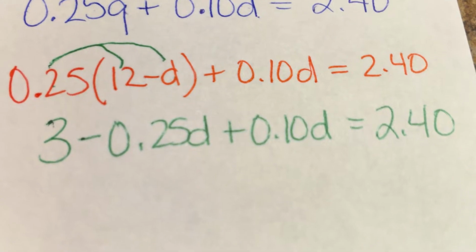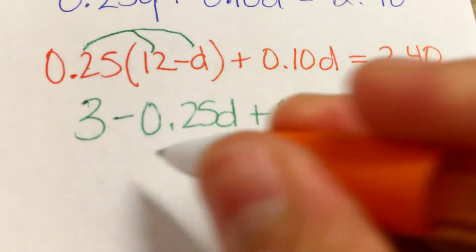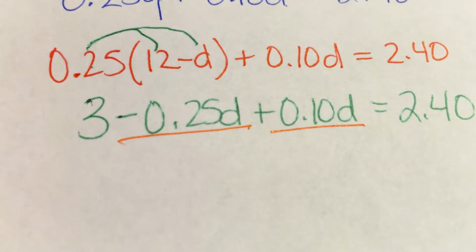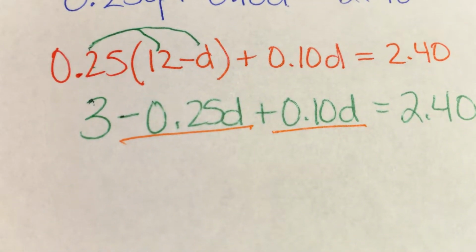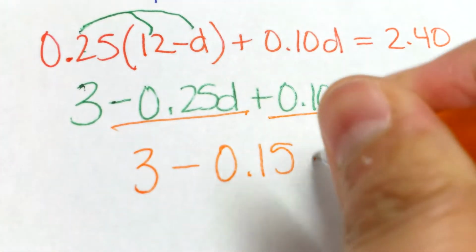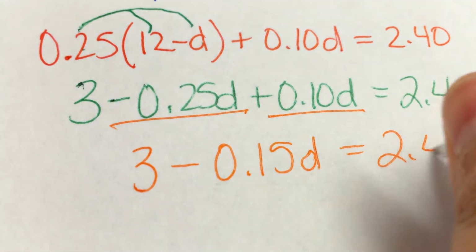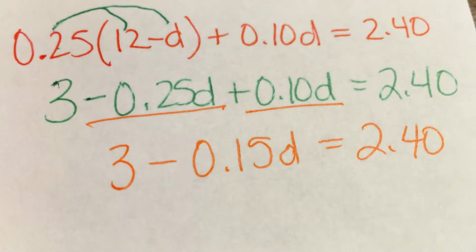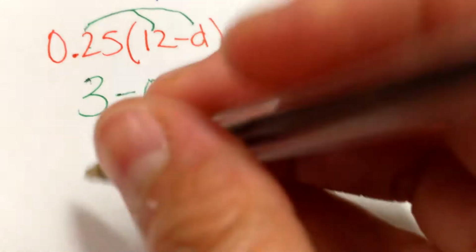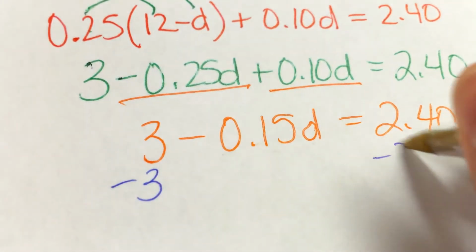We combine like terms, which in this case would be this one and this one. It ends up being negative 0.15 D. We solve for D, so we want to get rid of the 3, so we subtract 3 from both sides.